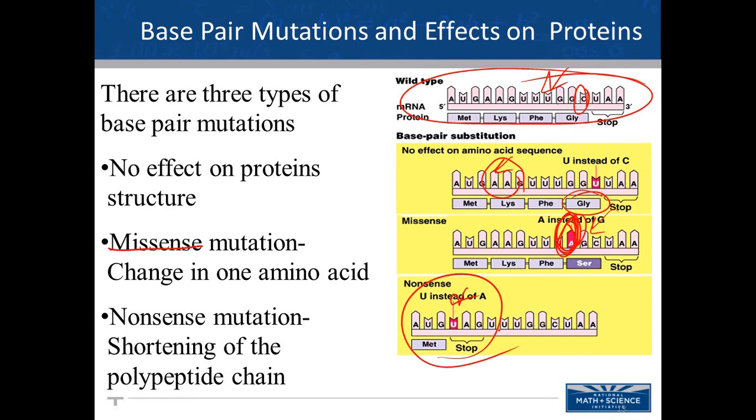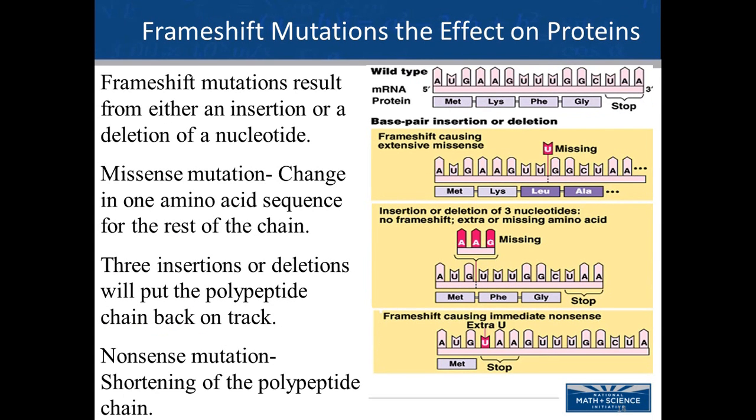Stop. That makes no sense at all, if you will. And so that's called a nonsense mutation, and it causes the shortening of the polypeptide chain. Most of the time, that's a very, very detrimental mutation.